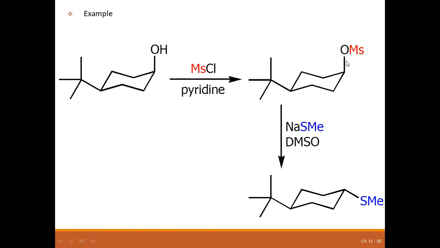If this is up, there is an inversion of configuration, a backside attack. So if it's up, this becomes down, and the sulfur, our nucleophile containing electrons, attacks the carbon here, being positive.